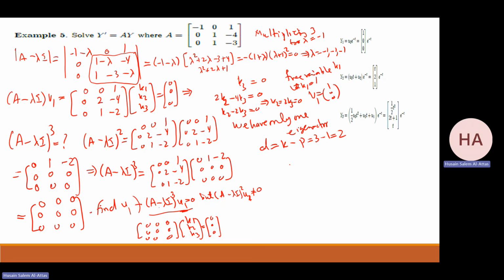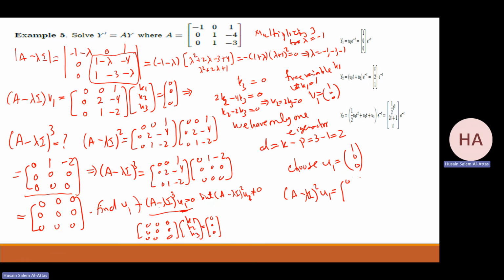So choose U1 to be 1, 0, 0. I'm not sure that will work or not. What I will do, I will check it with this matrix. A minus lambda I squared times U1.